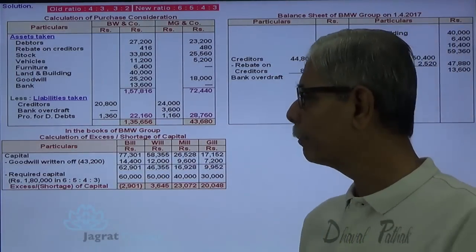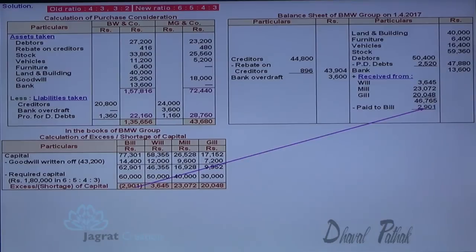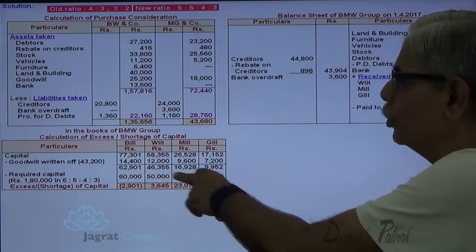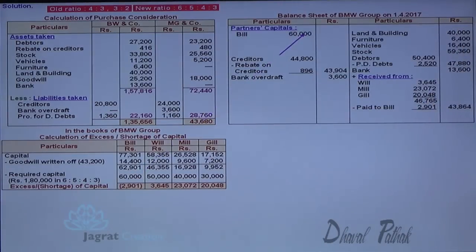and this is the cash to be given to Bill. Now, what is the effect of it? The cash received from Will, Mill and Gill is paid to Bill. So this is the cash balance. And the capital that I am going to write in the balance sheet is the required capital: 60,000, 50,000, 40,000 and 30,000. This is the capital, 1,80,000.